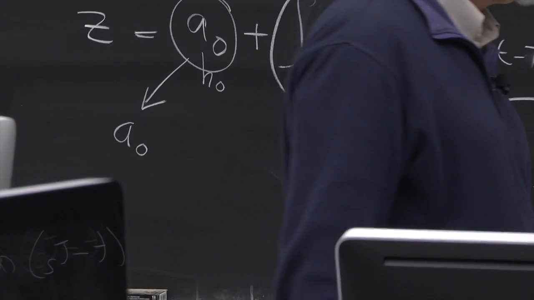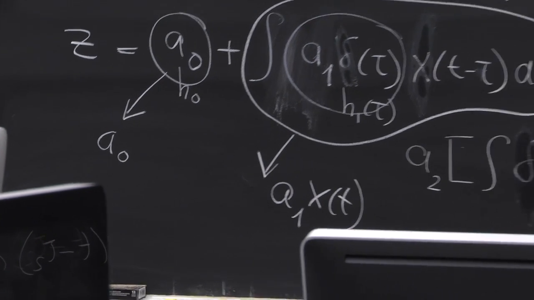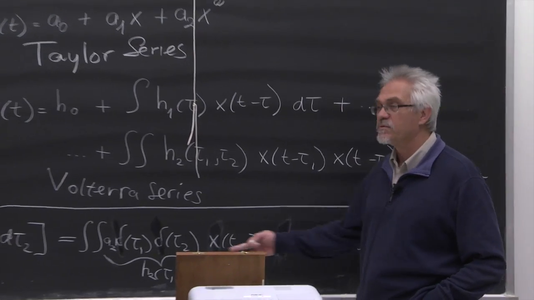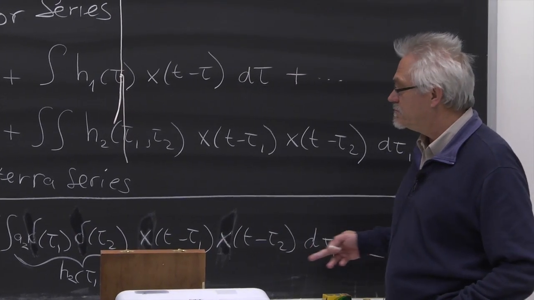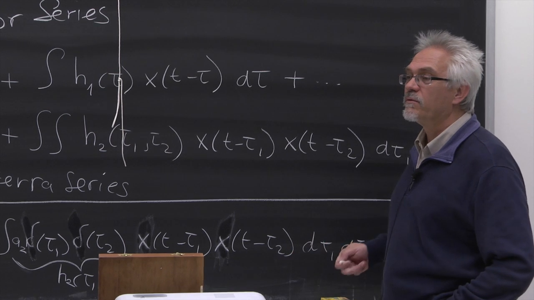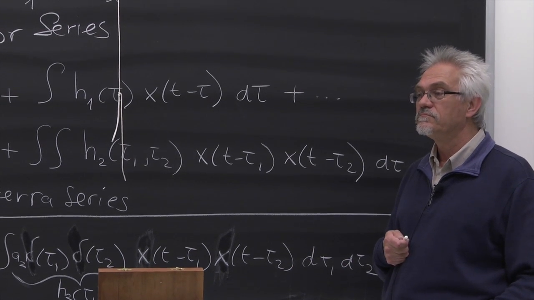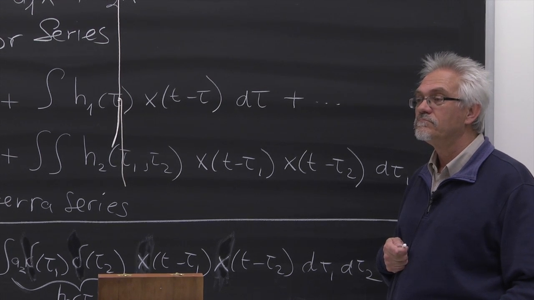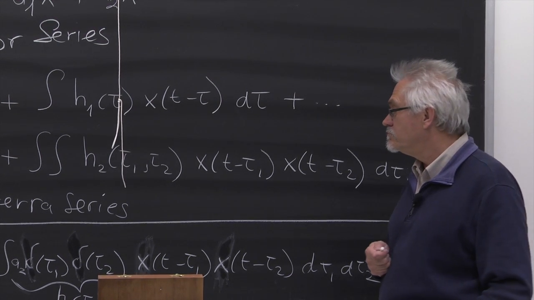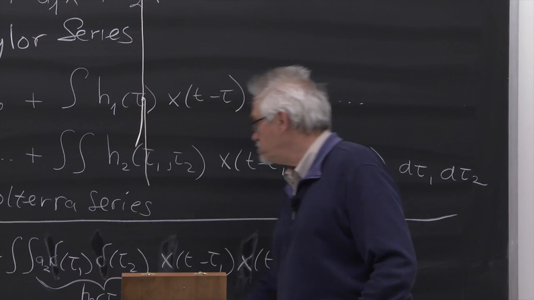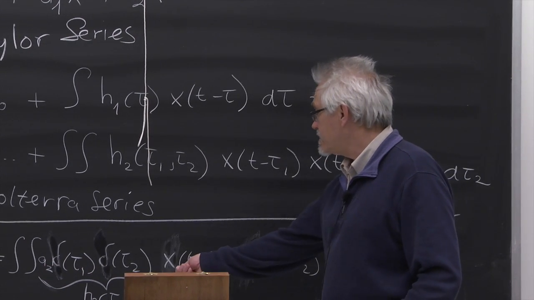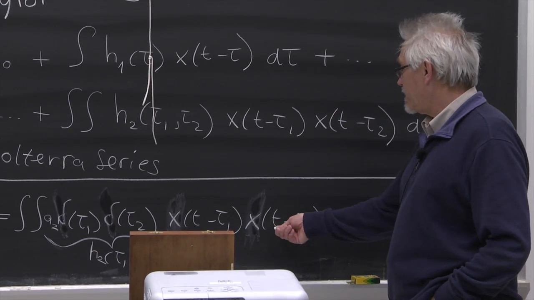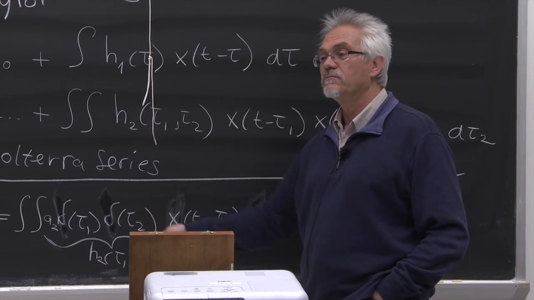And if I apply the shifting property here twice, what do I get? I get A2, and then I get x(t) for this one, for the tau 1, and I get x(t) for this one, for the tau 2.